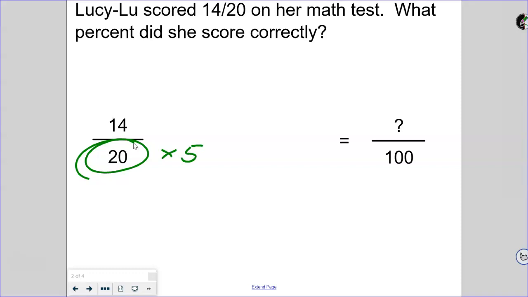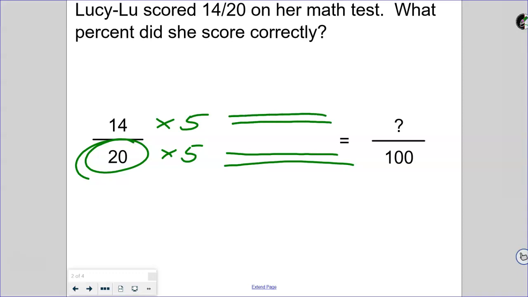So if I multiply 20 times 5, that takes me straight to 100. But then we know the rules of equivalent fractions say that if you multiply the denominator times 5, then you need to do the same thing to the numerator. So I would then have to take my numerator and multiply that times 5. And if you multiply 14 times 5, that gives you 70. So 14 out of 20 is equivalent to 70 out of 100. That means that Lucy Lou scored a 70% on her math test.